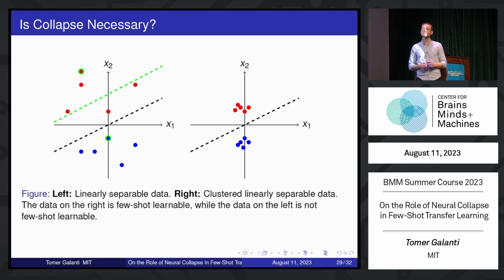So instead of investigating the expected few-shot error, what is the variance of the performance across different tasks? We looked at the variance only to plot error bars and things like that.